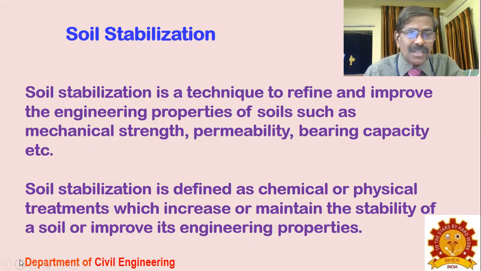Soil stabilization is also defined as a chemical or a physical treatment which increases or maintains the stability of the soil to improve its engineering properties. So, sometimes we use chemicals, or some physical treatment, to improve the soil. Let us see what they are.